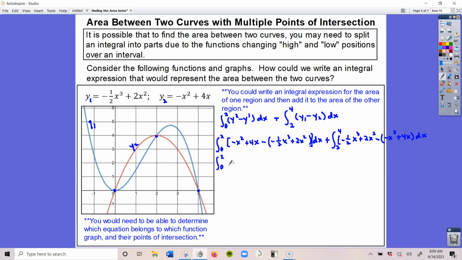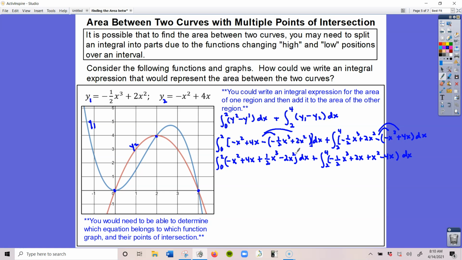So negative x squared plus 4x plus 1/2 x to the third, minus, because I have to distribute this negative, minus 2x squared dx, plus the integral from 2 to 4 of negative 1/2 x to the third plus 2x squared. I'm also now distributing this negative, plus x squared minus 4x dx.